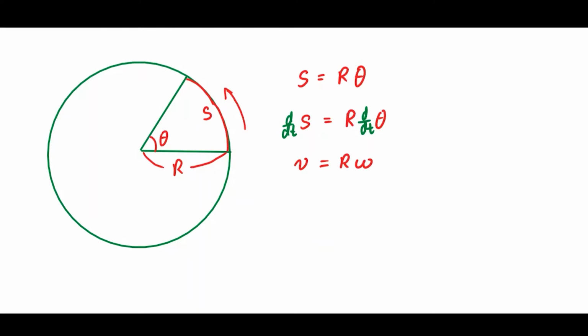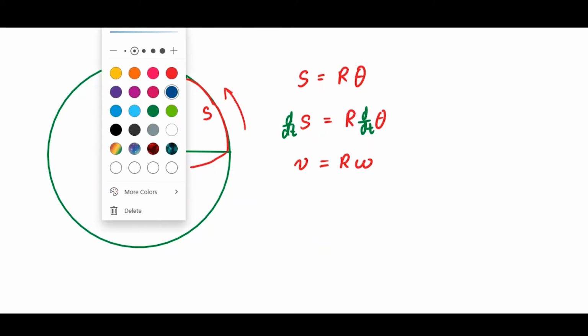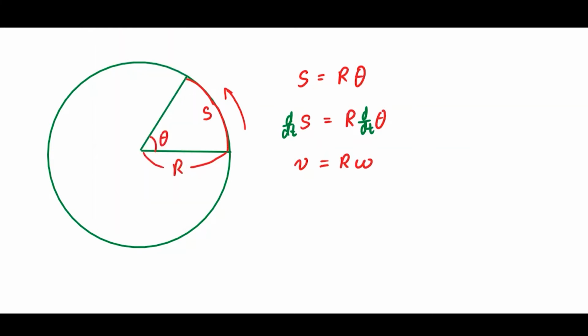So here's the definition of angular velocity. Angular velocity right here, where omega is defined as d theta over dt. How about that? Good. And this is a biggie. Okay. Let's box these two things in.